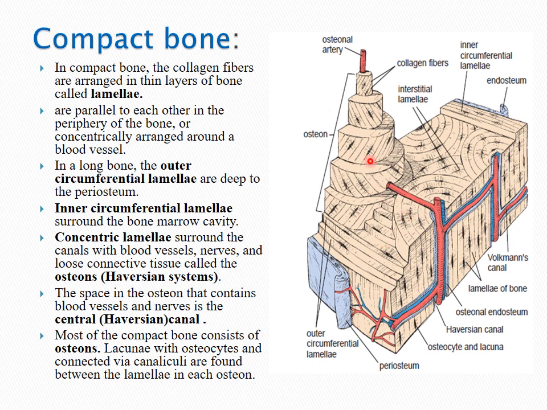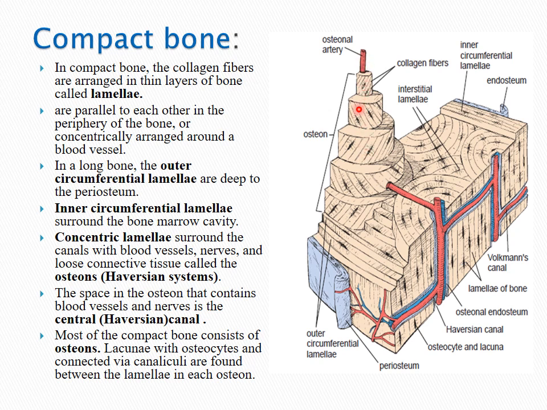Whereas in the substance of the compact bone, these lamellae are arranged in concentric whorls, and these concentric whorls are arranged around the central canal, which is called the Haversian canal. This Haversian canal has the arteries, veins, and nerves passing through it.